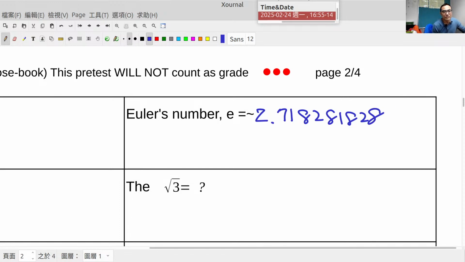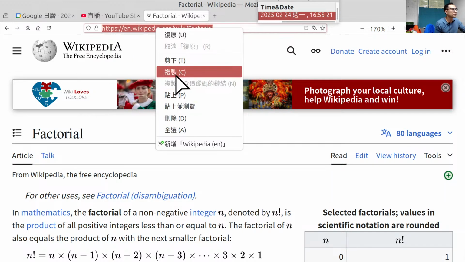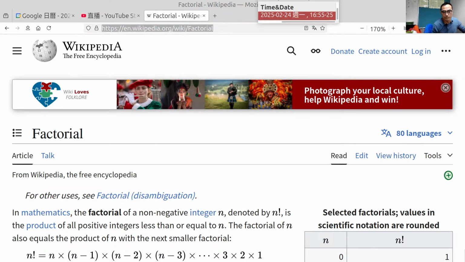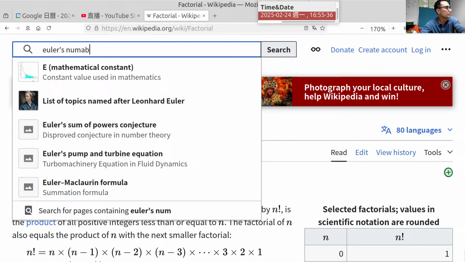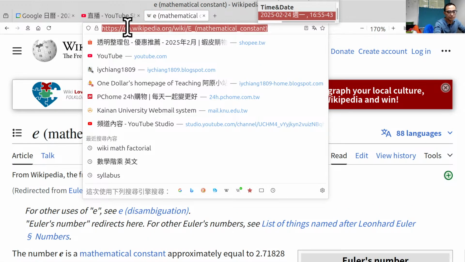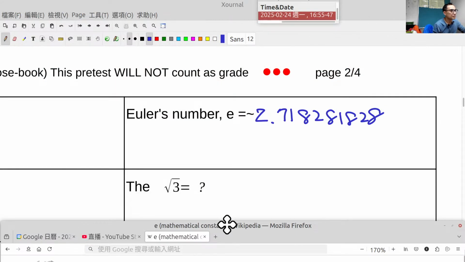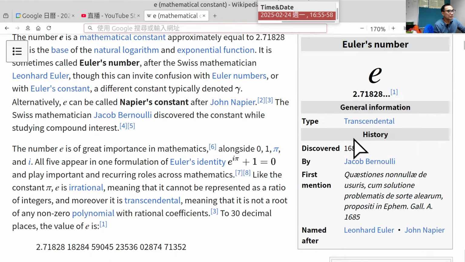Okay, let me show you that. My suggestion is you at least need to memorize 2.7, maybe 2.71828.